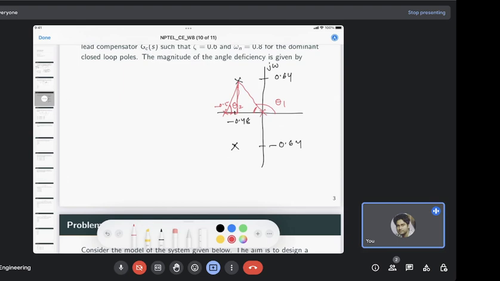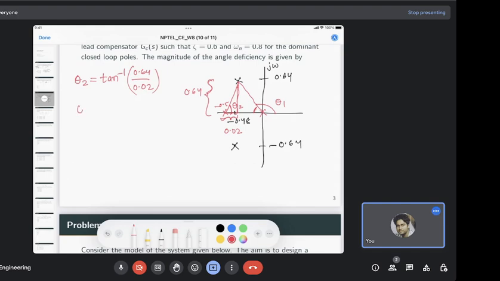So let's compute these two angles. First, because this is minus 0.5, this length will be 0.02, and this height is 0.64. First we compute theta 2. Theta 2 will be tan inverse of this height by this base, so 0.64, the height, over the base, 0.02.